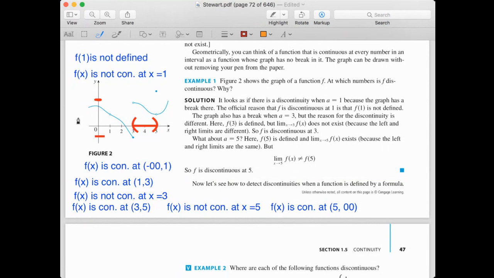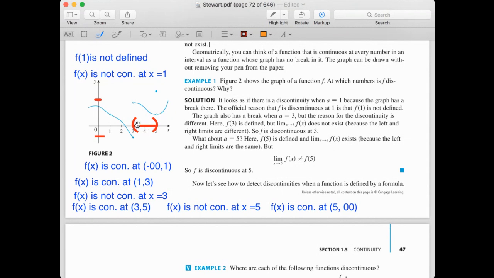So the picture is here: from negative infinity up to 1, the function is continuous. But at 1, the function is not continuous. Then from 1 up to 3, the function is continuous. At 3, the function is not continuous. Then from 3 to 5, the function is continuous. At 5, the function is not continuous. Then from 5 up to infinity, the function is continuous.